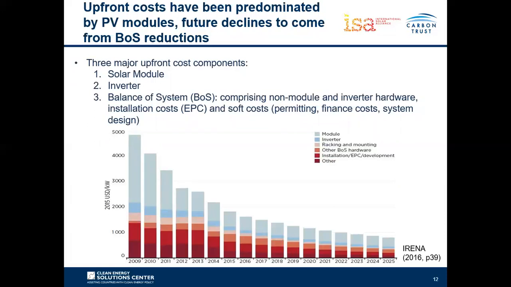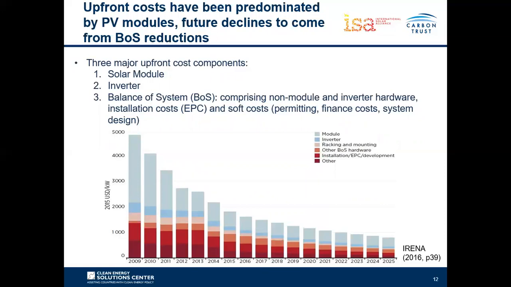When looking at a solar PV project, we can see that there are broadly three main cost components: the solar module, the inverter, and the balance of the system. And the balance of the system is all hardware that's not an inverter or a module, and it includes the cabling, the support structures, and these types of hardware, the installation costs, the labor, the transportation, logistics, and that sort of thing, as well as the soft costs such as finance costs, permitting, and system design.